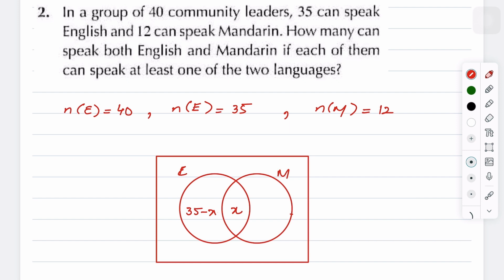So, it will be 12 minus X. Now we will form the equation, and that will be 35 minus X plus 12 minus X is equal to 40. When you do further simplification, you will be able to find the value of X, which is 7 in this case.